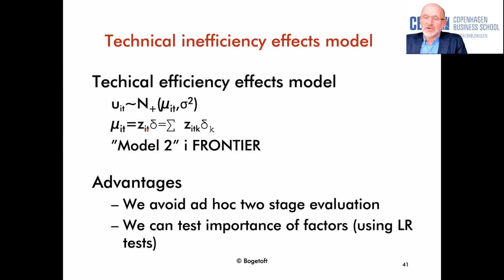So that's kind of a cool way to include other variables. It could also be, does it have to do with the quality of the products being produced or something like that? So that's a cool way to integrate other variables into the model by letting them affect the mean value of the inefficiency distribution. So we don't need to do some ad hoc two-stage analysis. And we can also test the importance of these factors, basically test whether these factors are significant.